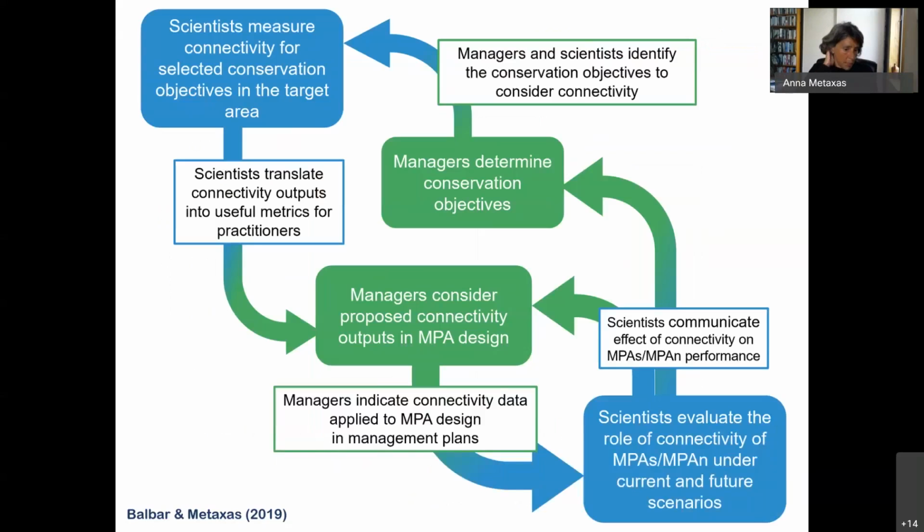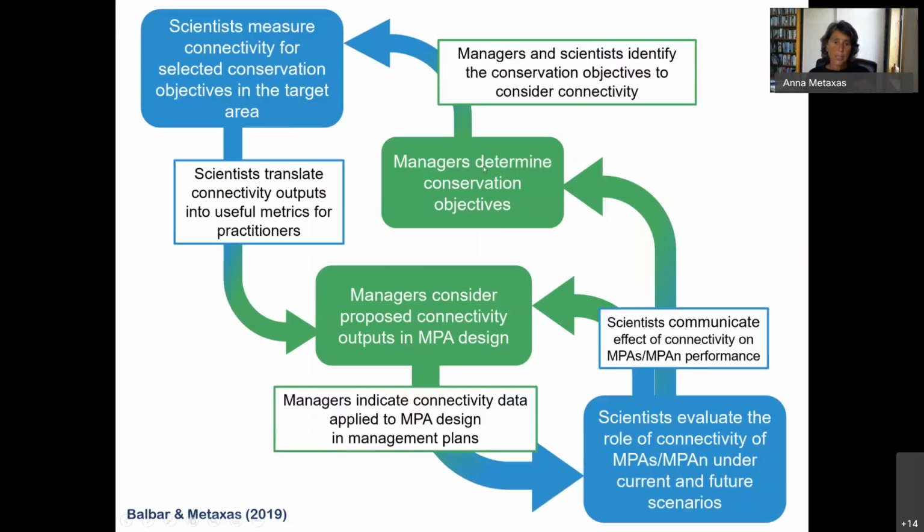And so what Ariana Balber came up with is this proposed framework that allows you to think about how to incorporate connectivity in the design of marine protected areas more effectively, so that less than 10% actually becomes quite higher. What you see here in green is what managers have to do.